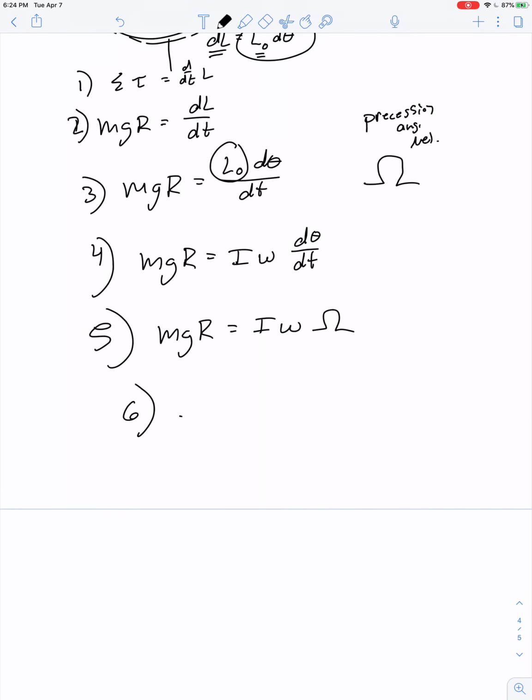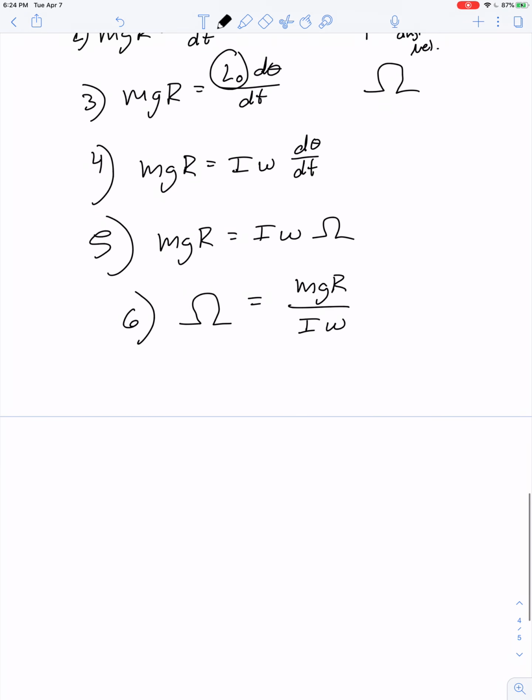So lastly, the rate at which the bicycle wheel precesses is equal to mgr over I omega. Or we could just simplify and say it's equal to the net torque divided by the initial angular momentum. Now what does that mean?